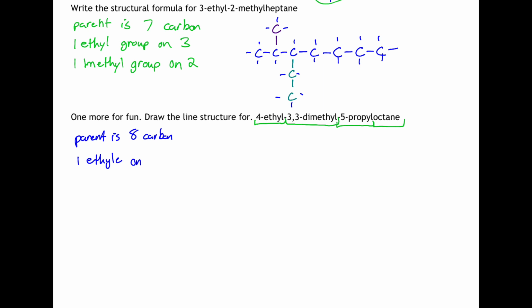Ethyl. Oh, so you got all kind of screwed up. Ethyl on 4. 2 methyl on 3 and 1 propyl on 5. Yeah.